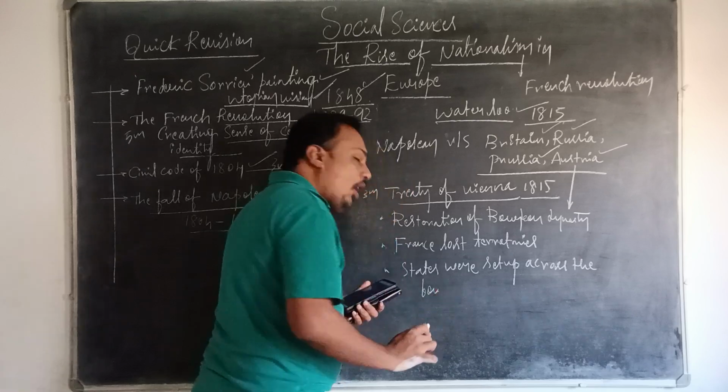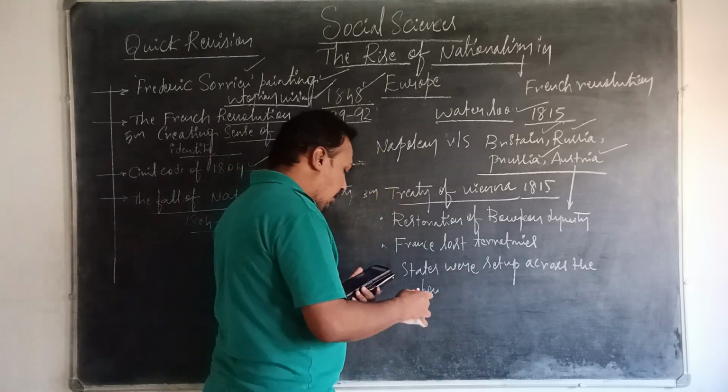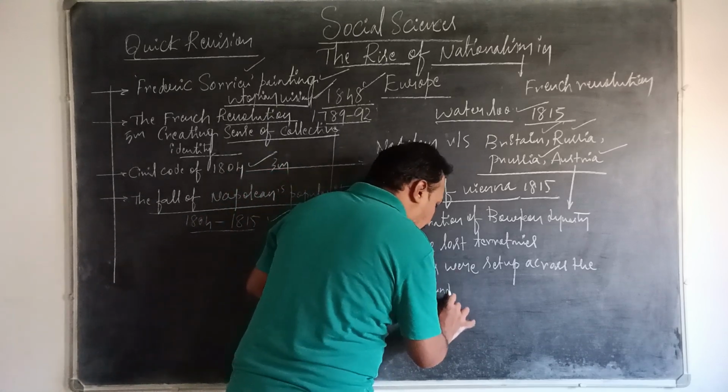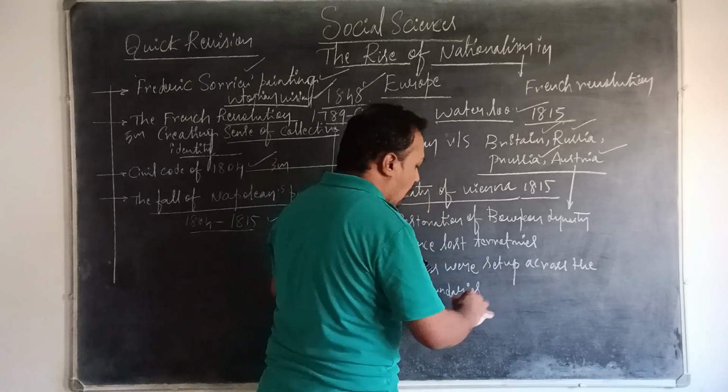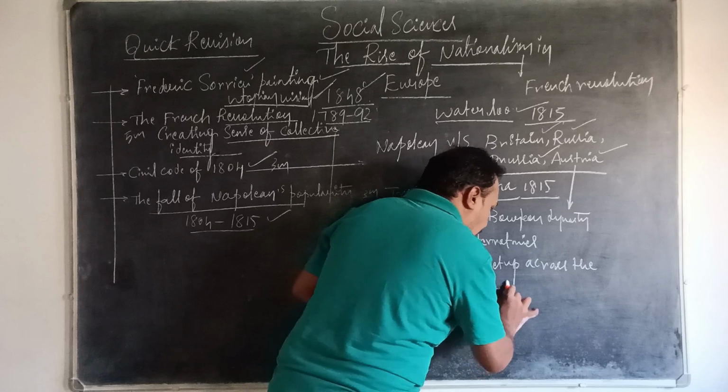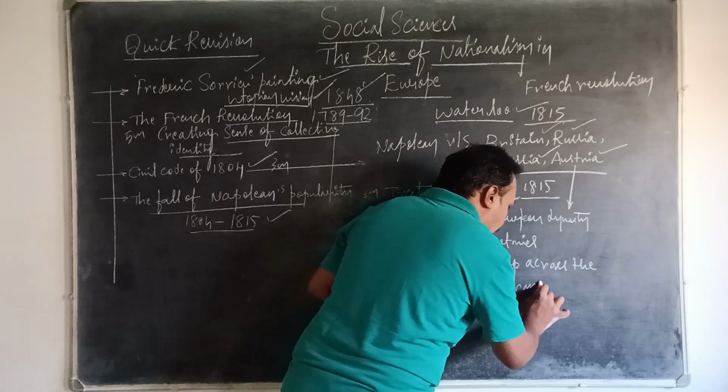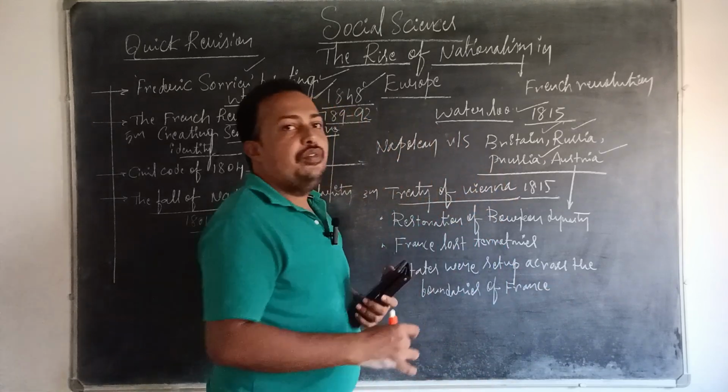This is to avoid the further expansionist policy of France. So states were set up across the boundaries of France to avoid France expanding in the future.